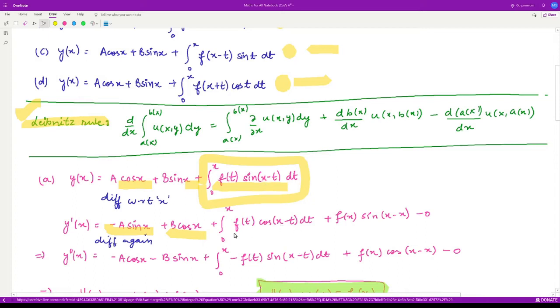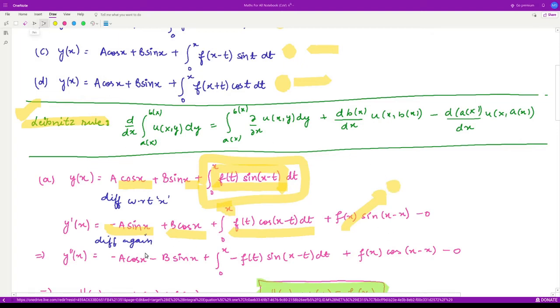So we have this term, and then plus the derivative of the upper limit. What is the upper limit? It is equal to x. So the derivative of x with respect to x is 1, into this whole term where we replace t with the upper limit x. So it would be f of x sin of x minus x, and sin of x minus x is 0, so this whole term becomes 0.